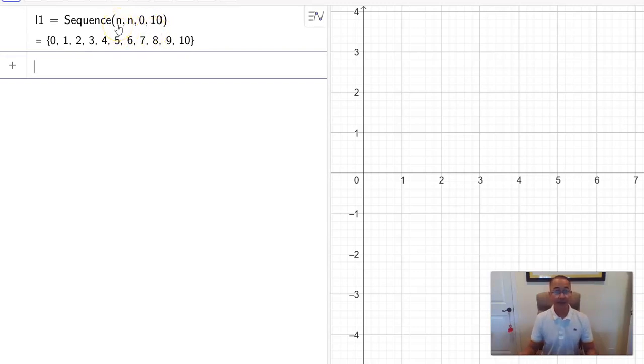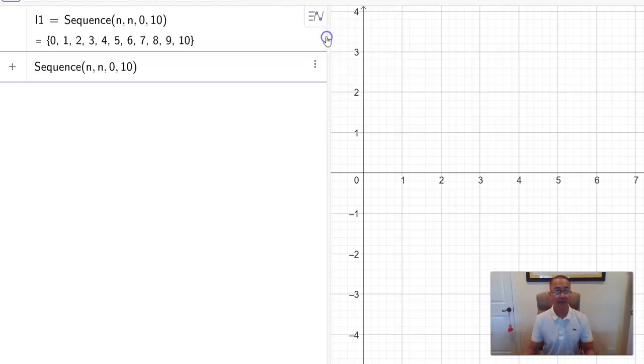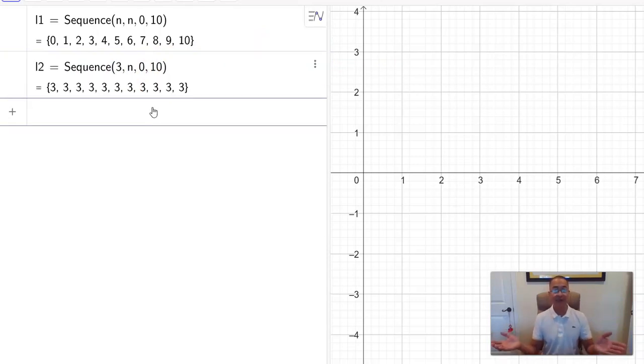So this is a simple kind of sequence. The formula is just n, and of course, it basically just lists out the numbers from 0 to 10. All right? Now, actually, that is not the simplest kind of sequence. Let's duplicate input. The simplest kind of sequence would be a constant sequence. So if it's always 3, then you're going to get 3, 3, 3, 3, very, very boring, of course.